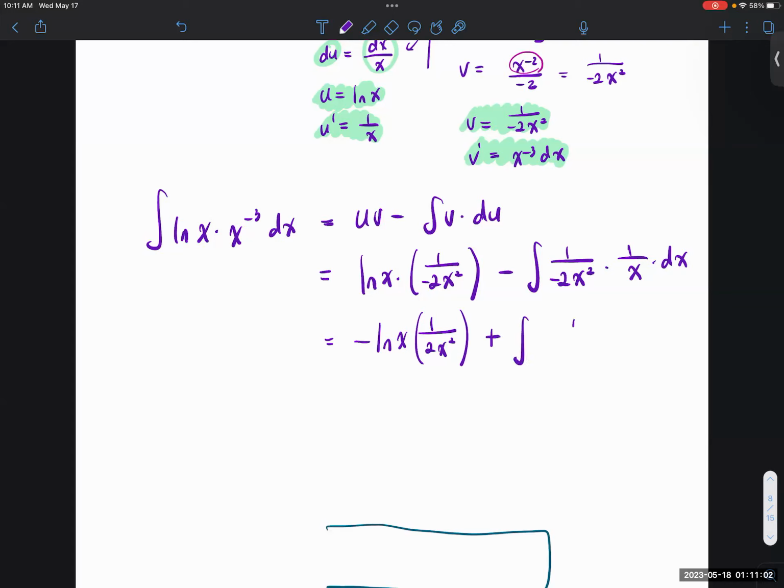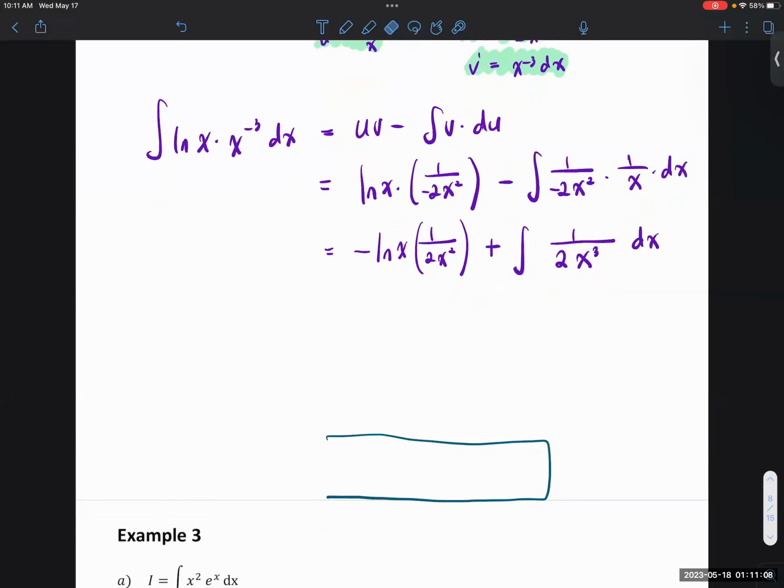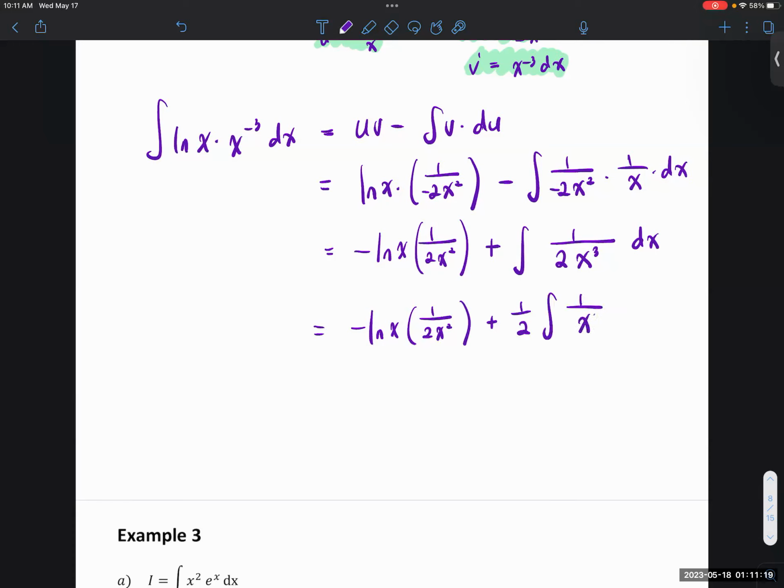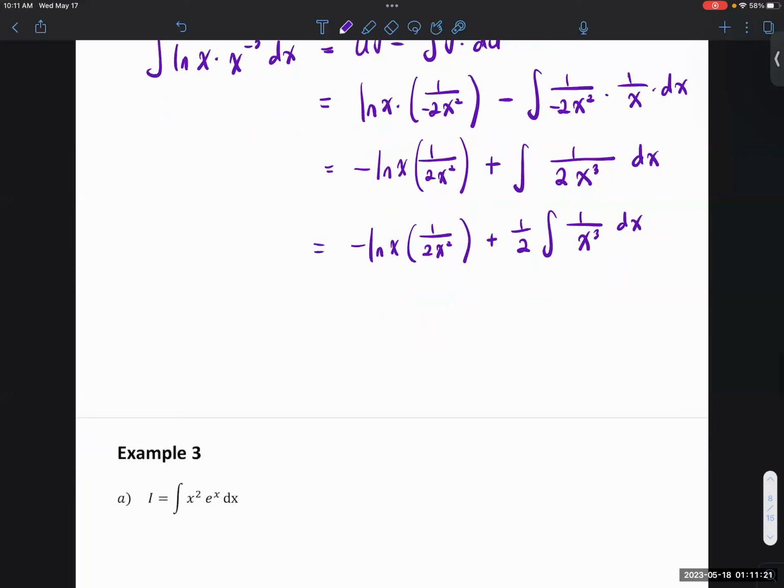So now 1 over 2 positive, 2x to the third dx. I can bring the 1 over 2 to the front. So negative 1 over this is the same. And then bring 1 over 2, 1 over x to the third dx. Again, I can convert x to the third as x to the negative 3.